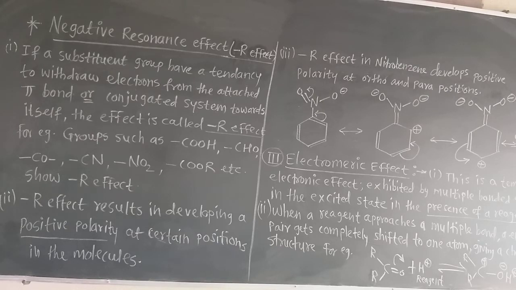In the plus R effect, the substituents or groups have a tendency to release or donate electrons. But in the minus R effect, the substituents or groups have a tendency to withdraw electrons from the attached pi bonds, that is where the double bonds are, or from the conjugated system, that is alternate single and double bonds.